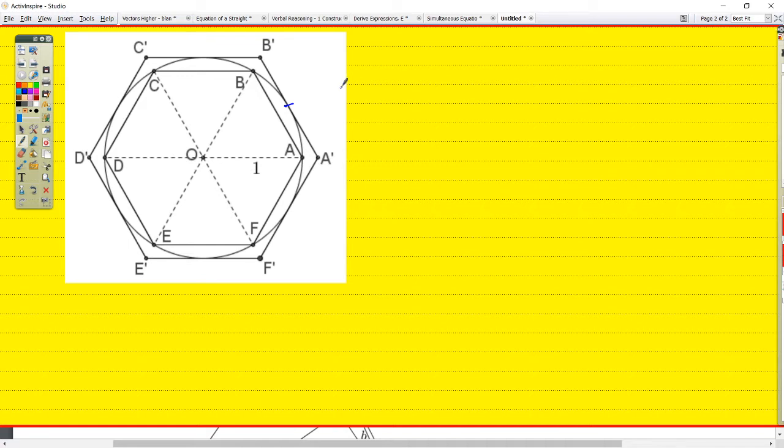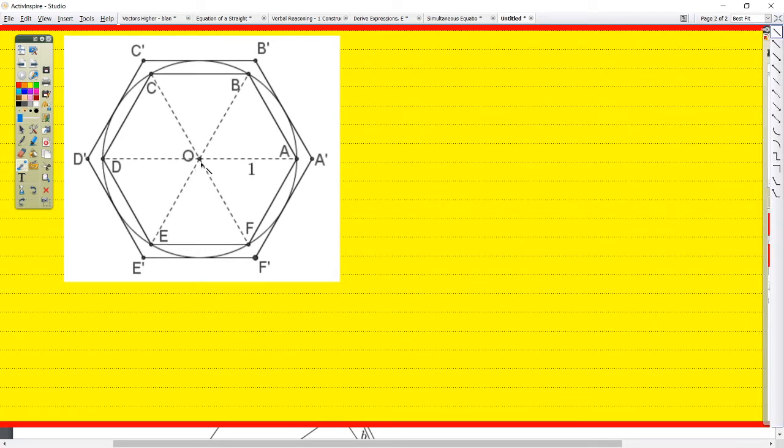So that's the midpoint, so it'll be double that. It would also be a tangent to the circle. Yeah, but I don't know how that helps you find the length.